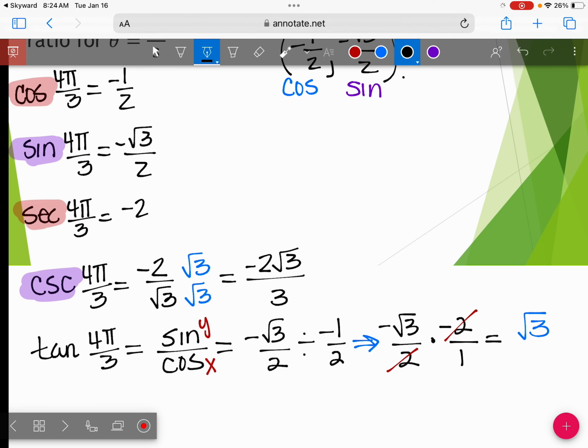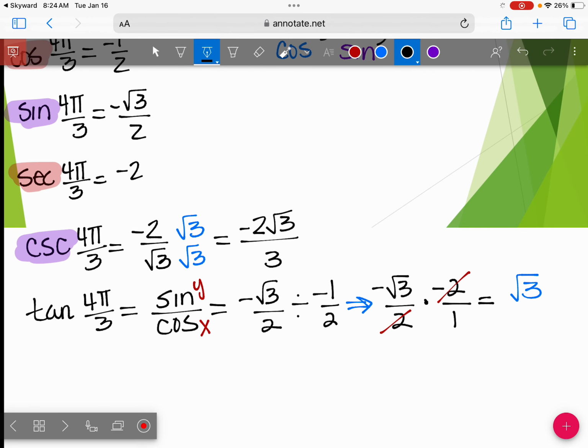And then the last one is cotangent. Cotangent of 4 pi over 3 is equal to cosine divided by sine, which is x divided by y. So I'm just swapping the positions of these two.